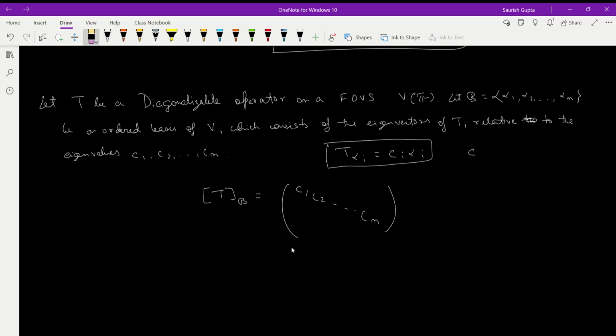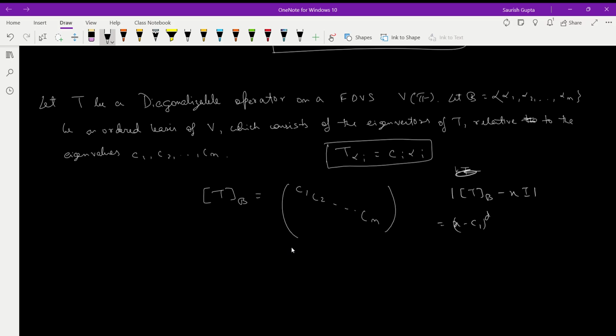We know that the eigenvalues are roots of the characteristic polynomial, right? So it's the determinant of T minus xI, right? So this is the characteristic polynomial of this linear operator T.